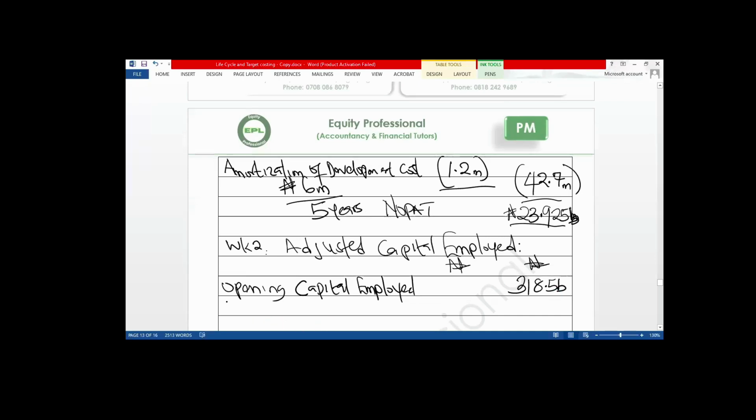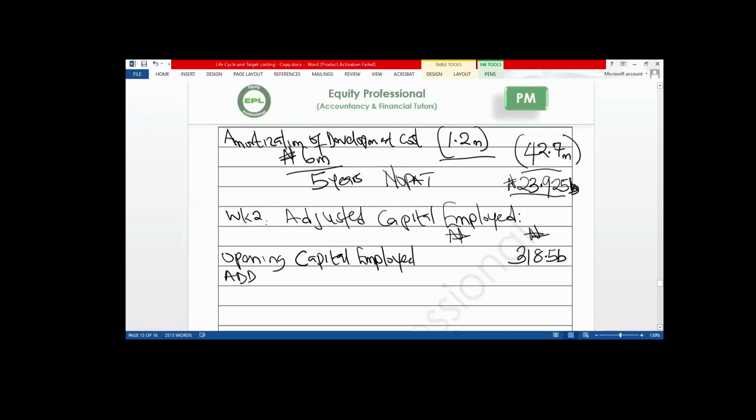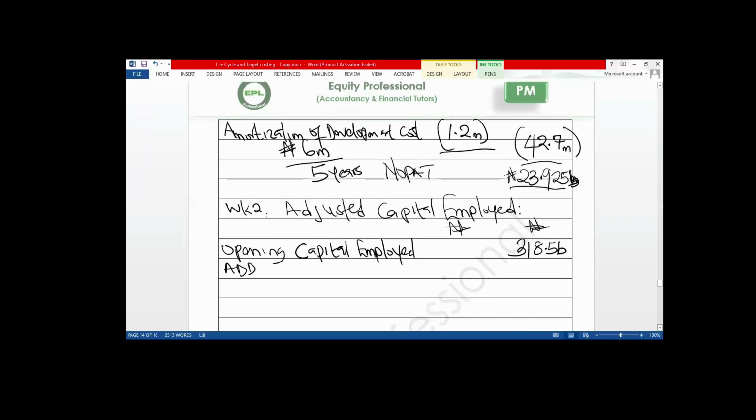Now, look at the question. Do we have non-capitalized lease assets? We are told that research and development is not capitalized in the accounts. Okay, we've used that one already. We don't have non-capitalized lease assets.